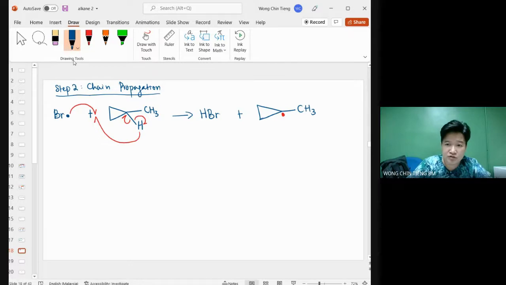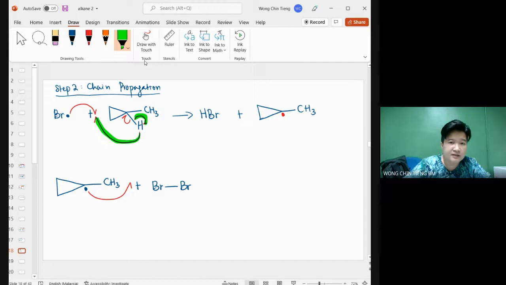And then we are going to use this free radical that you form over here. Take that free radical. And it will then react with the Br2 that is still neutral. Okay. So, ada orang tanya, teacher tunjuk 2 arrow dari ikatan ke H, dari H ke tengah. Tapi dalam nota teacher tunjuk terus daripada ikatan jumpa kat tengah.